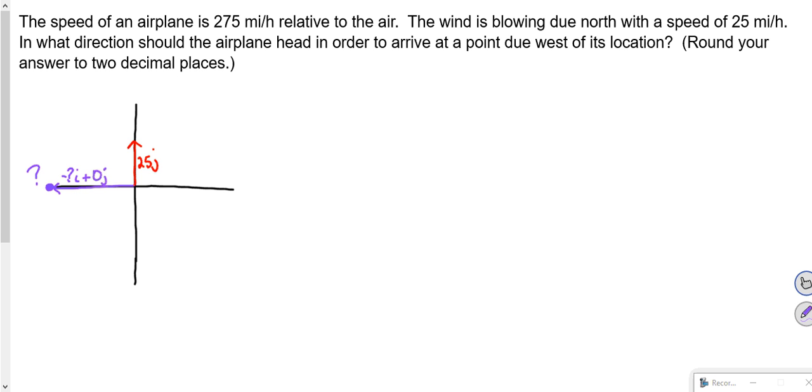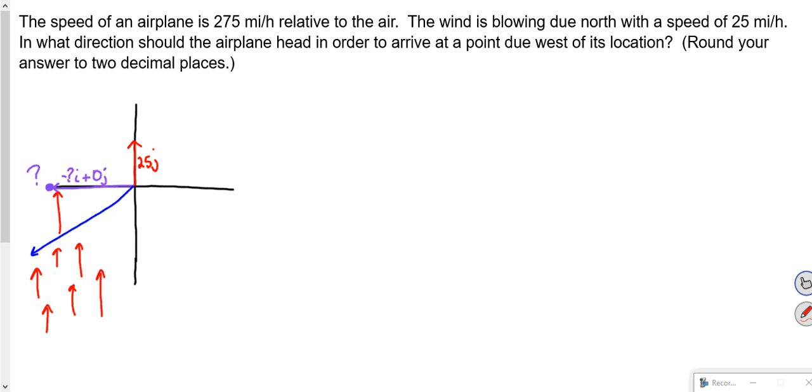Now, if you've got an airplane flying and it needs to end up due west, but there's a north wind pushing on it, so everywhere the airplane goes, there's this north wind pushing on it of 25. It's going to end up having to be down in here somewhere, right? So that once the wind pushes north, it's literally like pushing it up to the due west position.